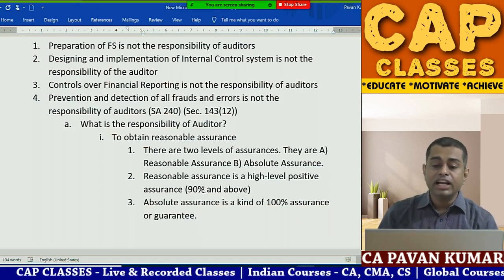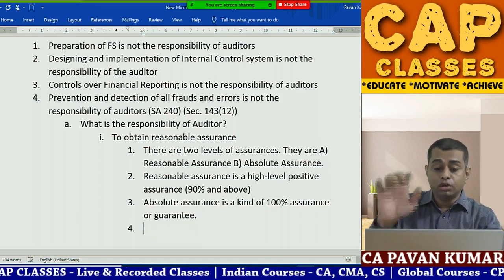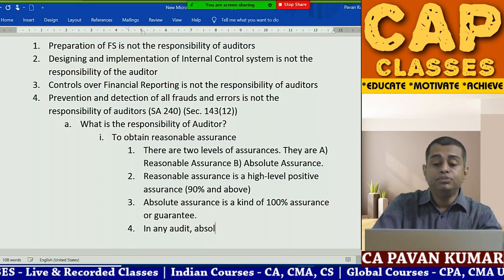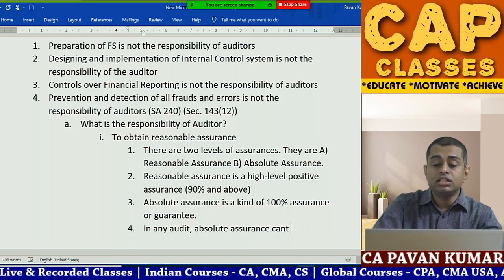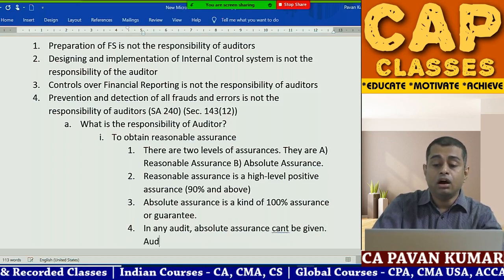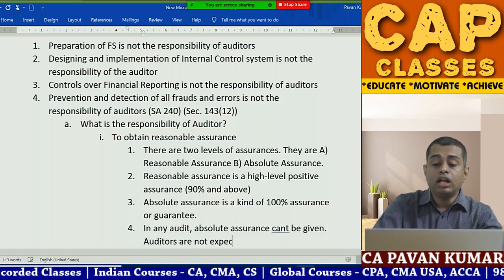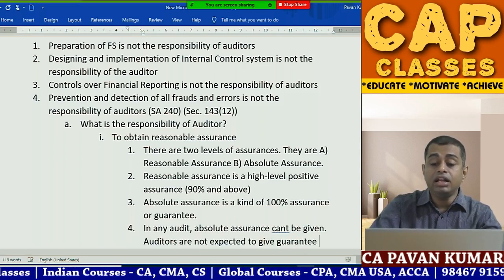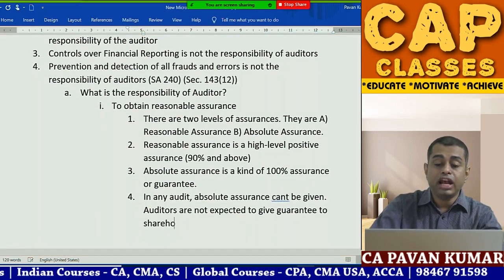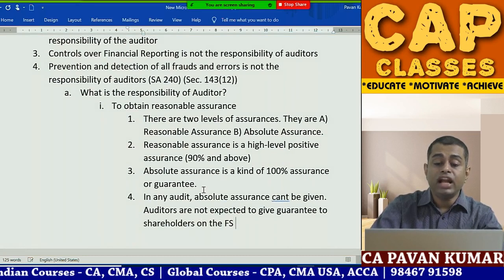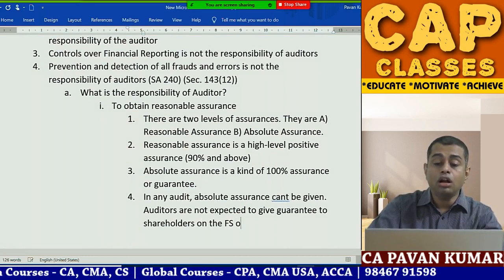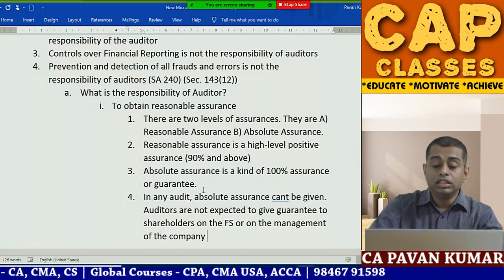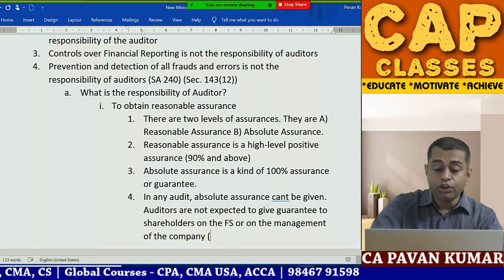So write down, in any audit, absolute assurance can't be given. Auditors are not expected to give guarantee to shareholders on the financial statements or on the management of the company. This is very, very, very important for MCQ.